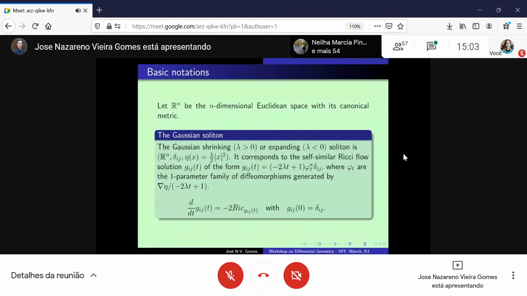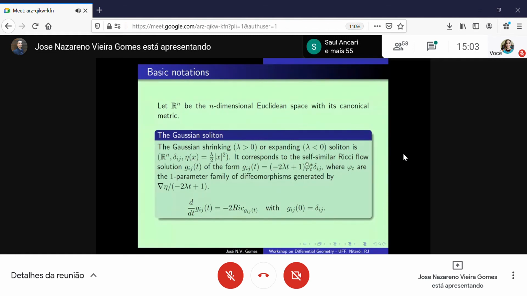Basic notations. Let the Gaussian soliton, shrinking or expanding depending on the sign of lambda, be the Euclidean space with the canonical metric and with this potential function.